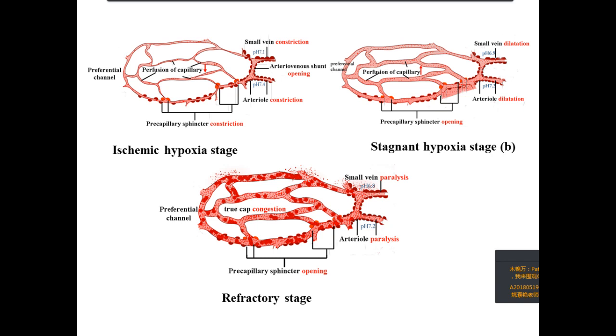So during the ischemic hypoxia stage, ischemia happens. This stage is called the compensatory stage. What compensation? Compensation includes, first, a redistribution of blood, which maintains brain and heart blood flow normal. Why does redistribution of blood happen?